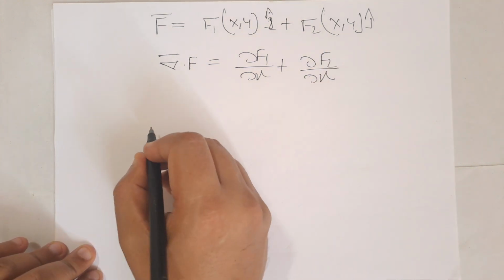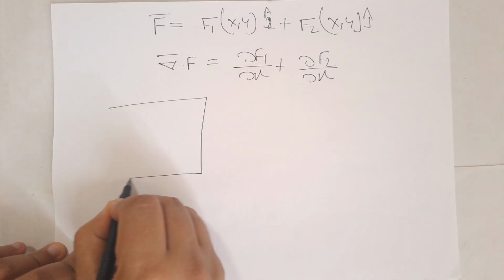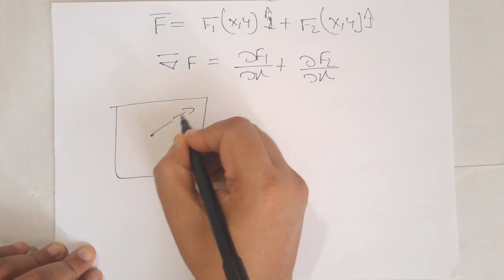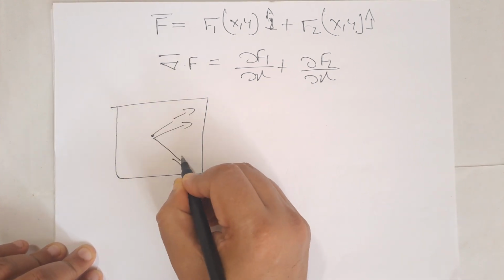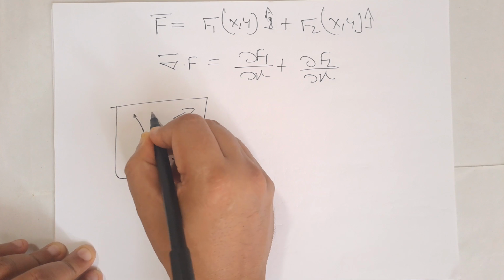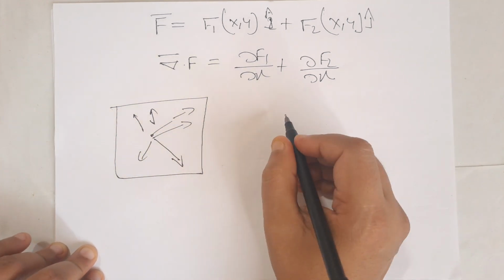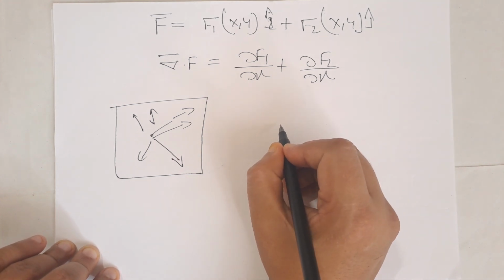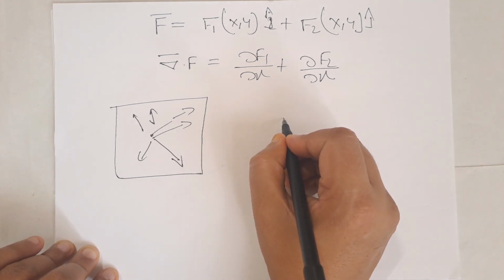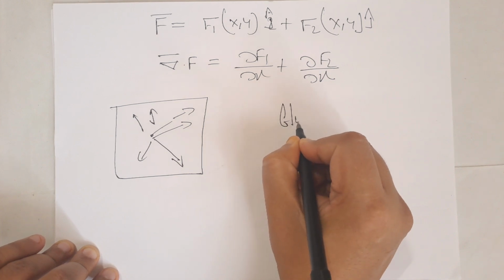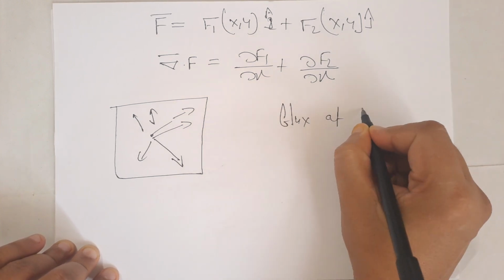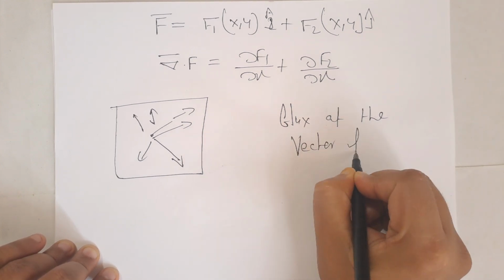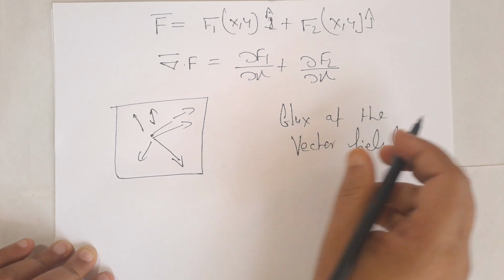So basically, divergence of any vector field tells about the spread of the vector field from a certain point. We can also say that divergence of any vector field is nothing but the flux of the vector field.